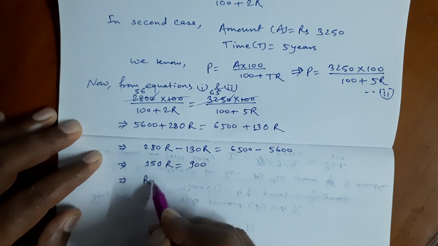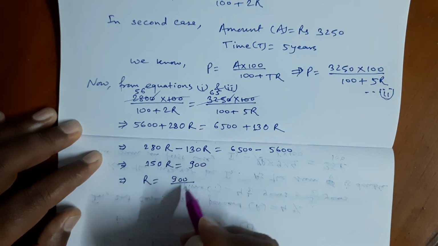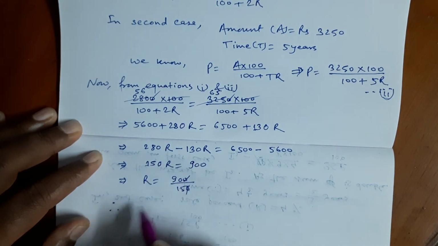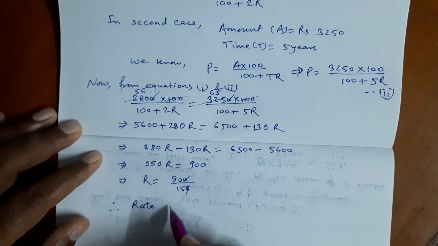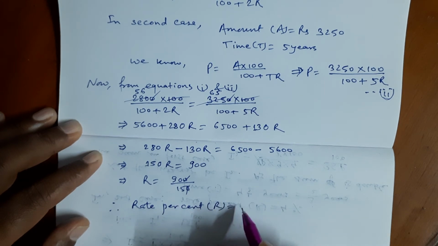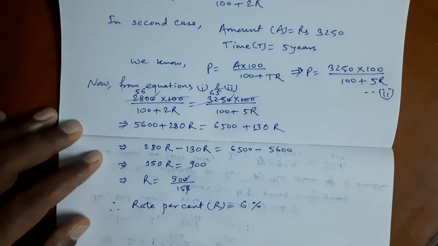This implies R equals 900 over 150, the 0s cancel. Therefore the rate percent R equals 6%.